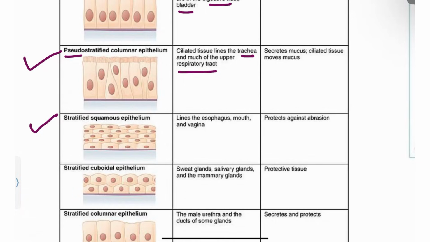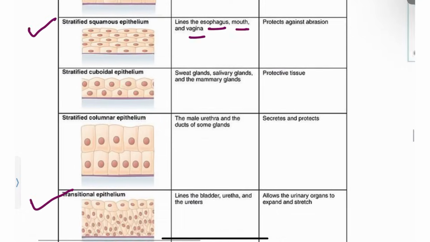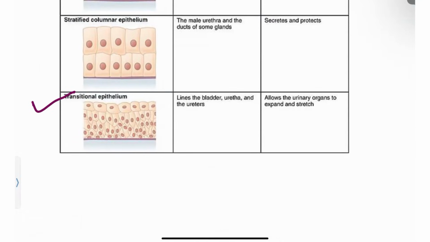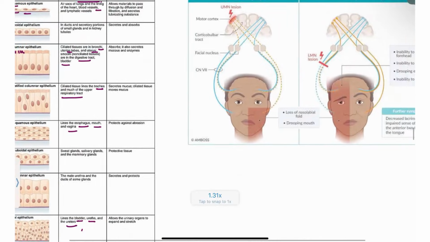Next is stratified squamous epithelium, present in the esophagus, mouth and vagina. Next, transitional epithelium is present in the bladder, urethra and ureters. Okay, these structures and their important locations are very, very important.